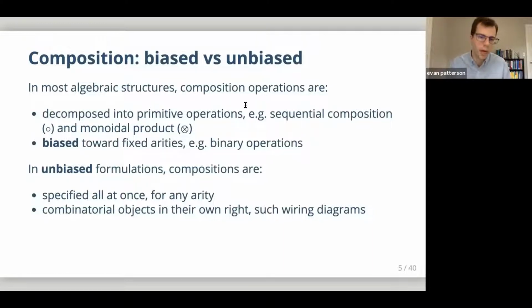For example, in a monoidal category, you have sequential composition and monoidal product, and you build up larger composites out of those. Whereas in an unbiased formulation, compositions are specified all at once for any arity: binary, ternary, quaternary, and beyond. And the compositions tend to be themselves combinatorial objects of their own, so these often have a graphical flavor via things like wiring diagrams.